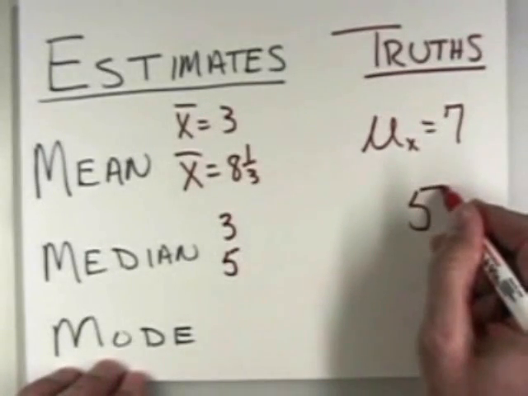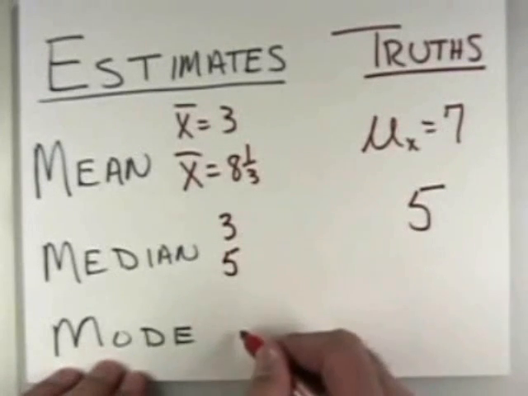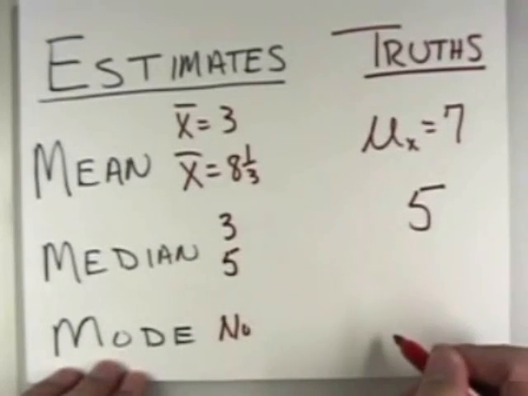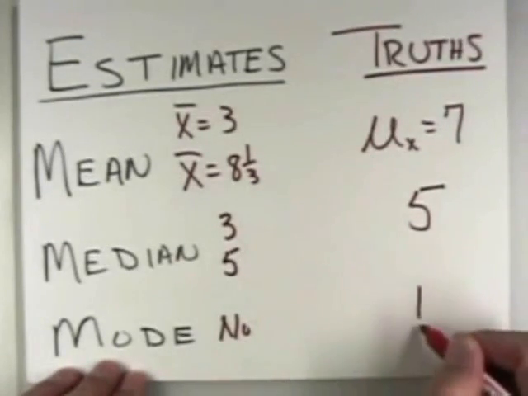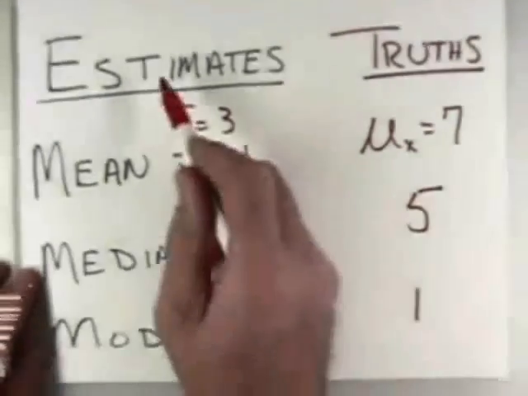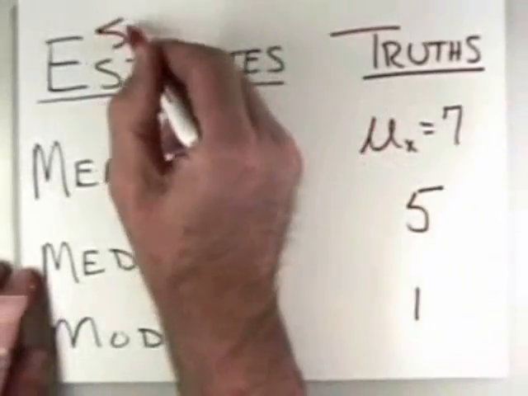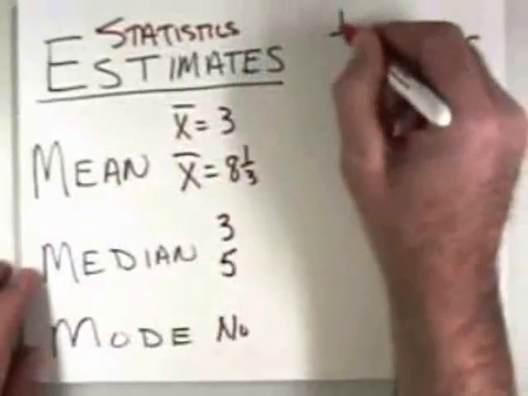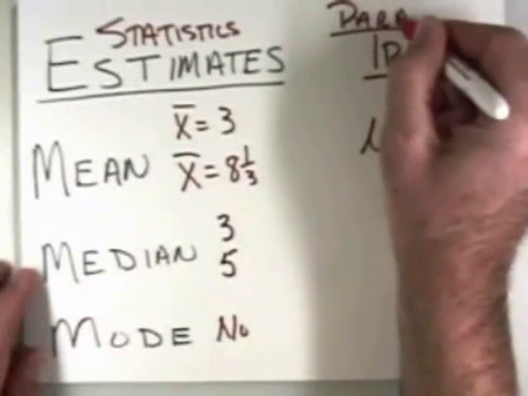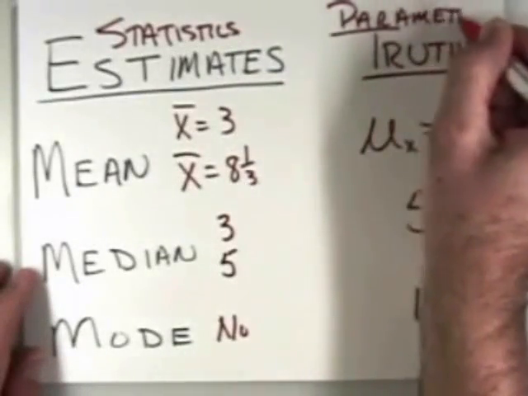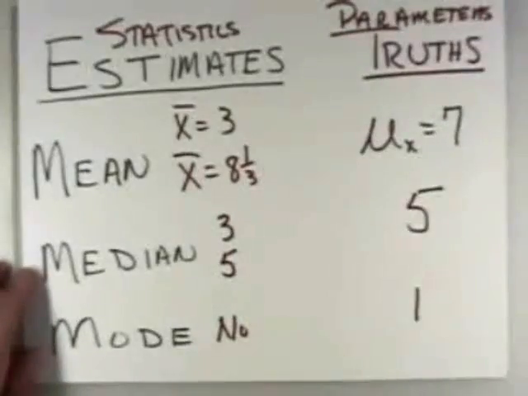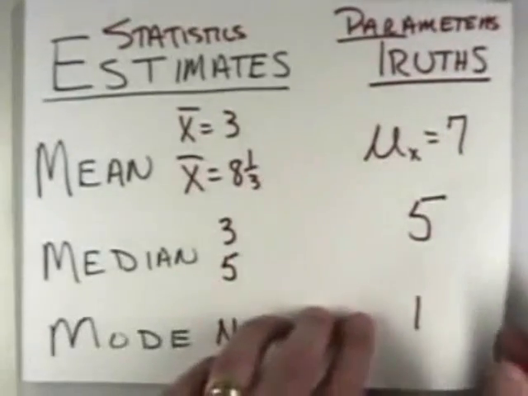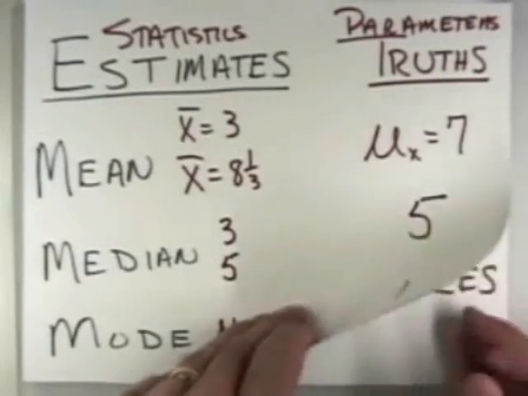The true median was 5. The mode, we kept coming up with no mode, and yet the truth was 1. Estimates are called statistics. Truths are called parameters. You want to have those definitions clearly memorized.